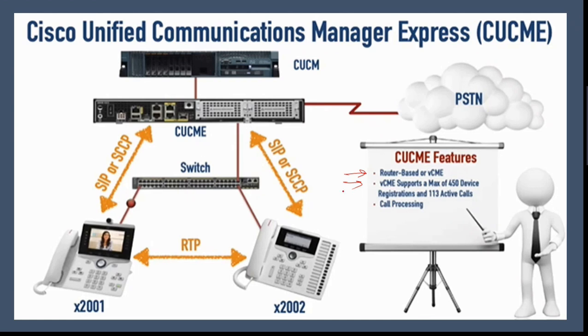The registration and active calls are 113, so it can register and allow 113 concurrent active calls at a time. It provides call processing. To make communication between the endpoints and CUCME, the protocols used are SIP or SCCP. But for communication between the endpoints, the protocol is still RTP and RTCP.